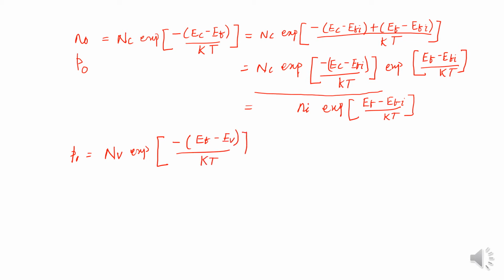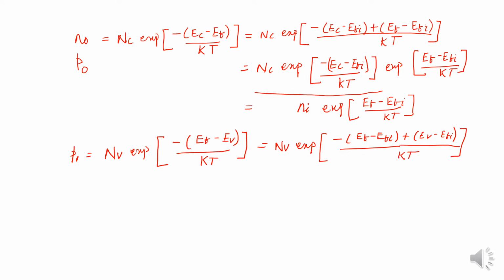This can further be rewritten as Nv exponential of, in the bracket, we rearrange this as EF minus EFI, where EF is the Fermi energy level of the extrinsic semiconductor, and EFI is for the intrinsic semiconductor. When there was no doping, the Fermi energy level is EFI, and then plus EV minus EFI, divided by KT.